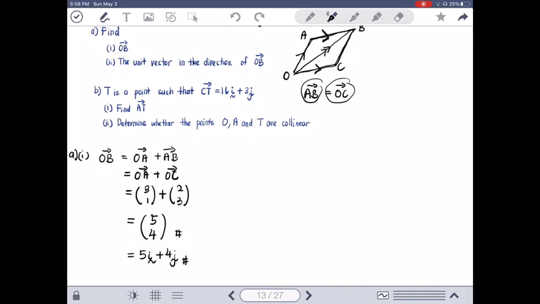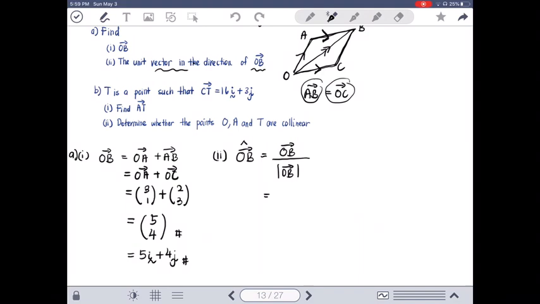So A2 asks you to find the unit vector in the direction of OB. Again, for the unit vector, just put a cap. It's equal to the vector itself divided by its magnitude.